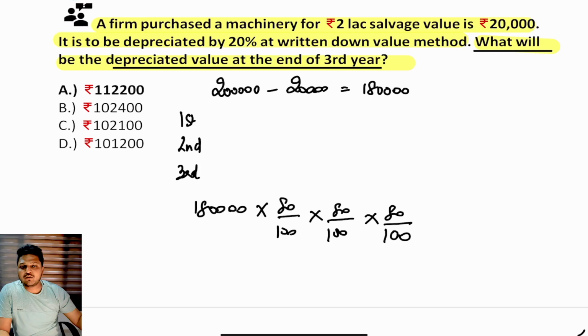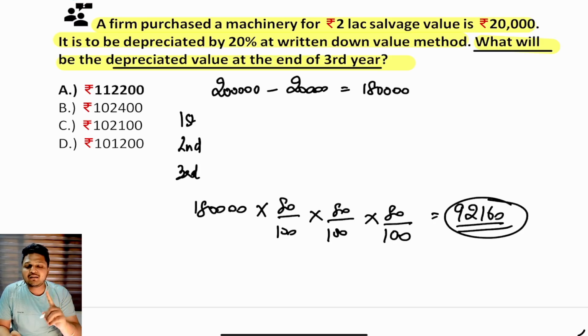So we can easily solve this. I'll also show you how we can use the lengthy method to solve such questions, but also pay attention here. It is simply 1,80,000 multiplied by 0.8, multiplied by 0.8, and multiplied by 0.8. It comes out to be 92,160. But this is not your answer, because we calculated the depreciation by ignoring the salvage value.